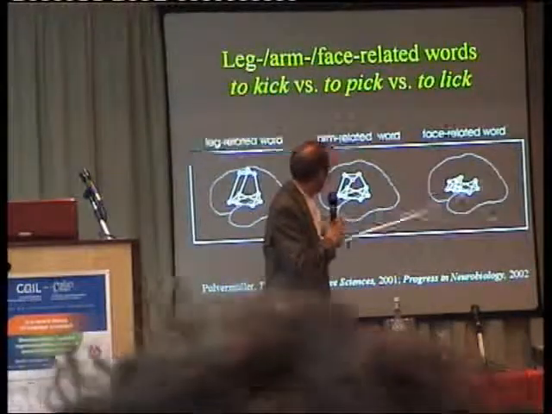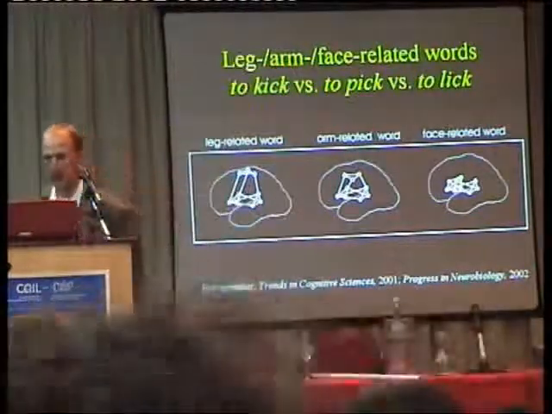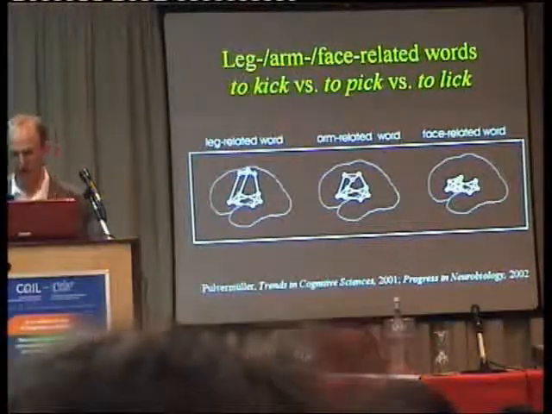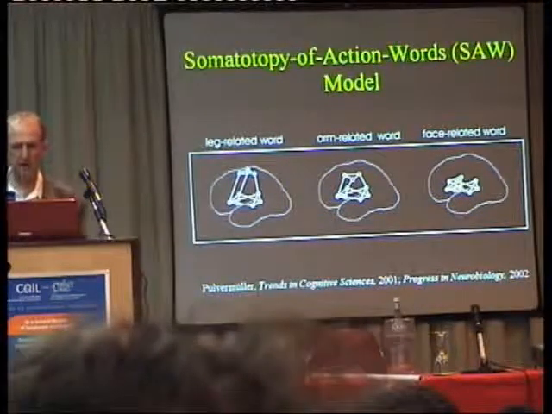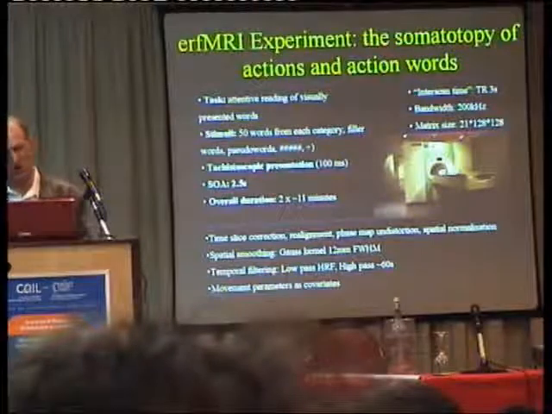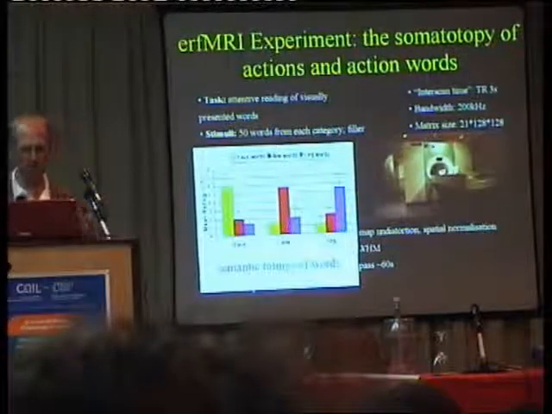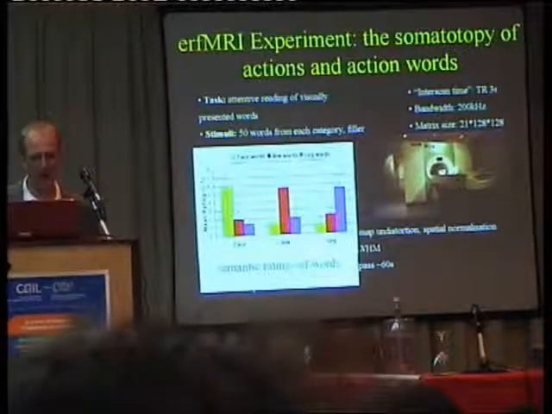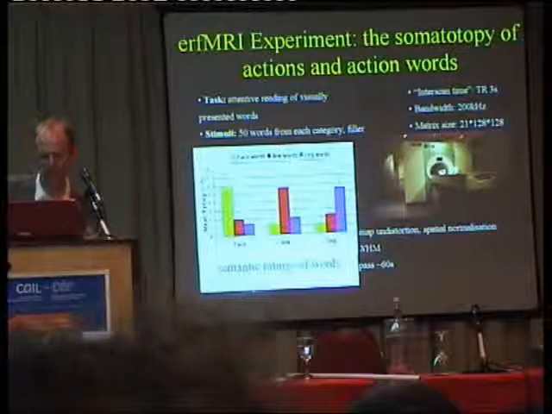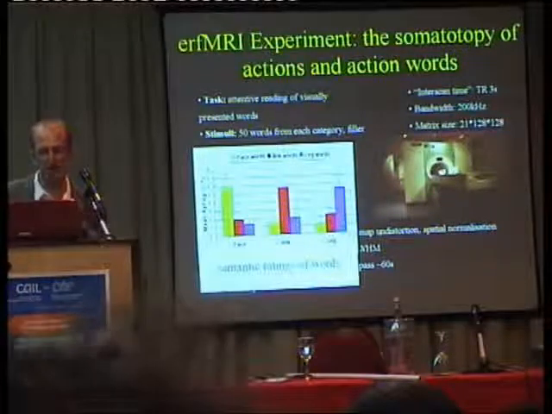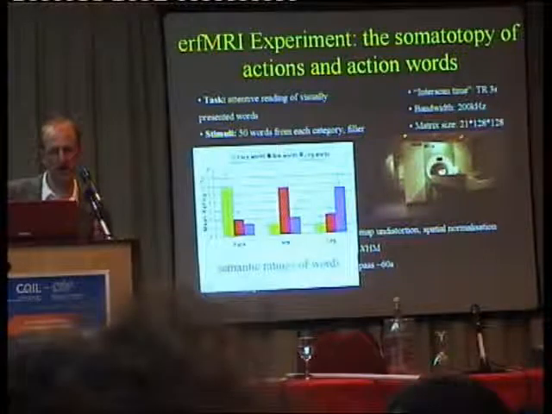They would be situated accordingly for face-related words, so that the triplet of words kick, pick, and lick would actually produce very different activations in cortex. We tested that. We did an experiment on that with MRI, first done with single words, exactly evaluated for their semantic features.